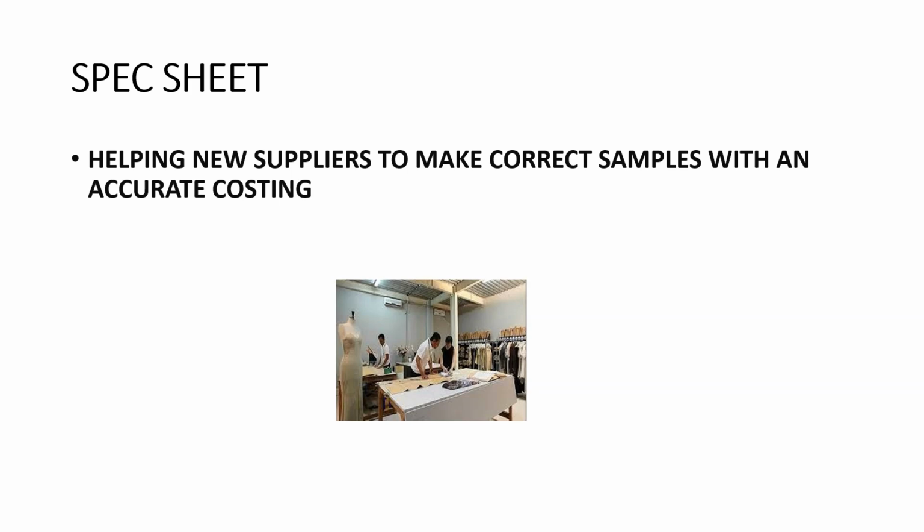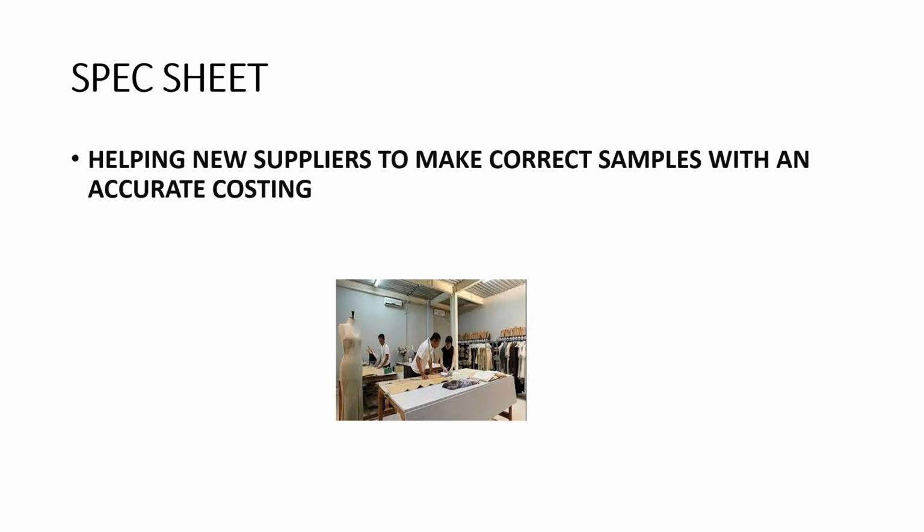Starting from the picture of the garment, and accordingly what fabric is to be used, what quality of accessories are to be used, then what type of labels are to be incorporated, what type of processing is done. All these things together will give the accurate costing of the product. So it is beneficial two ways, as we are seeing.